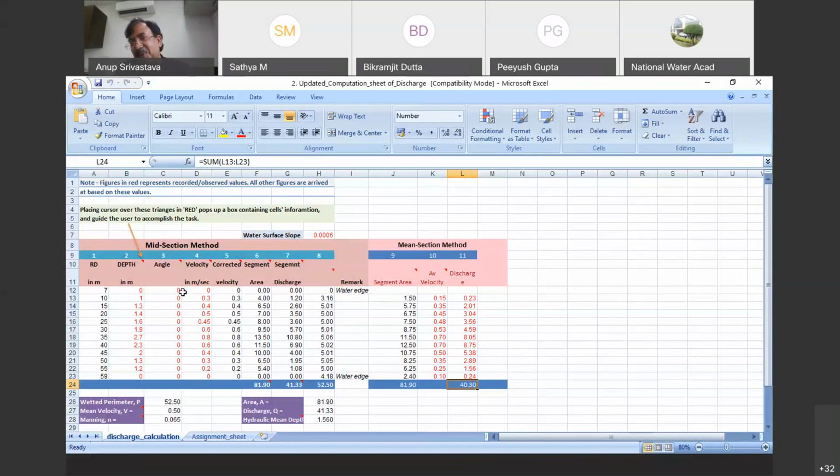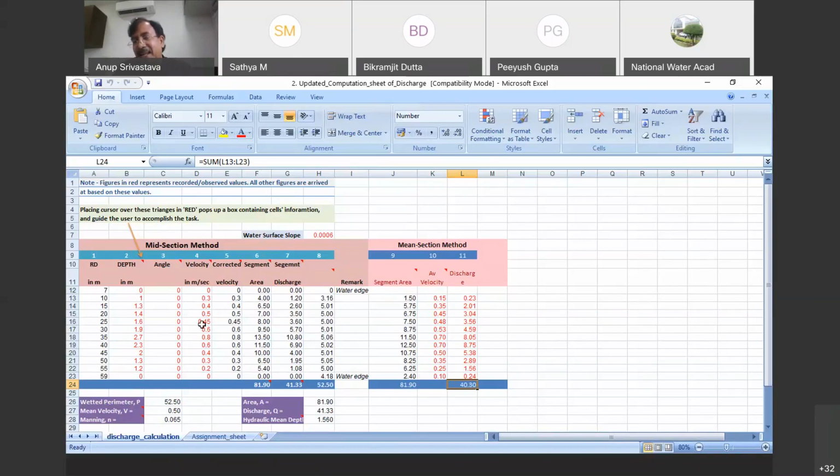Again I am telling you, they can try their best, but they cannot find the true value. They cannot find the correct velocity at that particular vertical. It will always be influenced by some random errors.